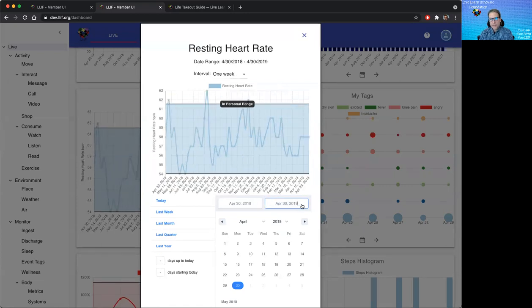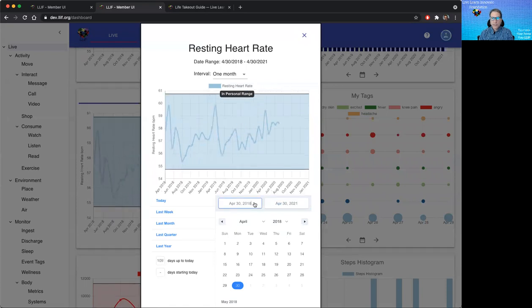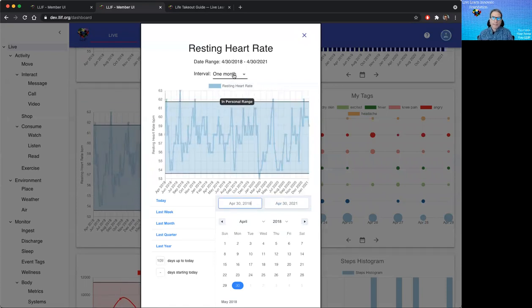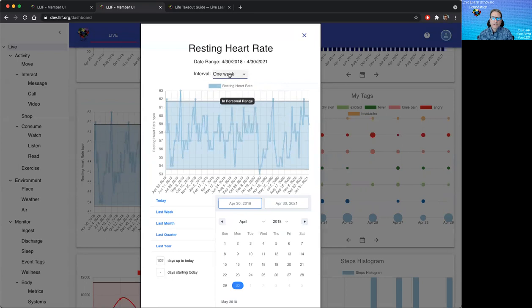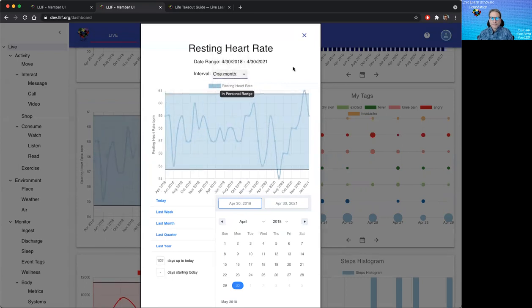So we go back over here, and I can say, let me look at a 3-year horizon, and go back to months. And let's see, we got December, and November. So yeah, I would actually say that there's a period here where, as the months or days get colder, my at-rest heart rate is going up.